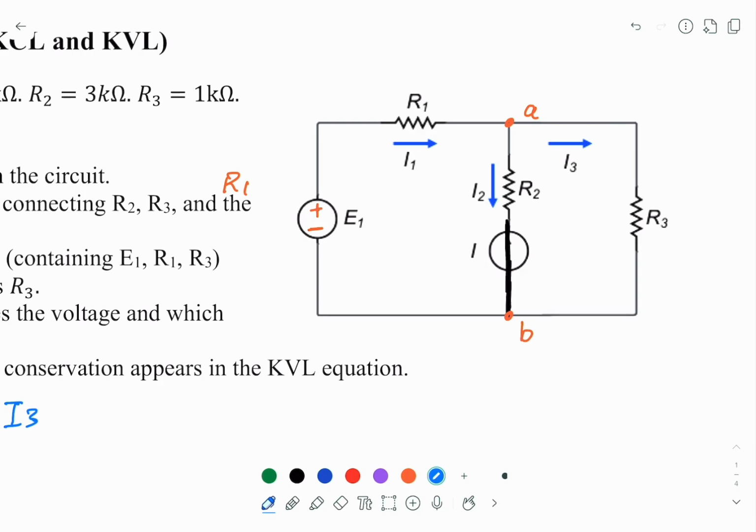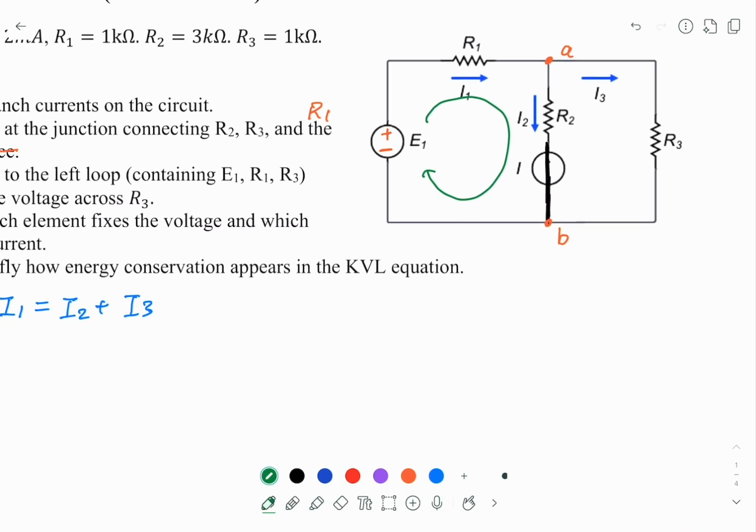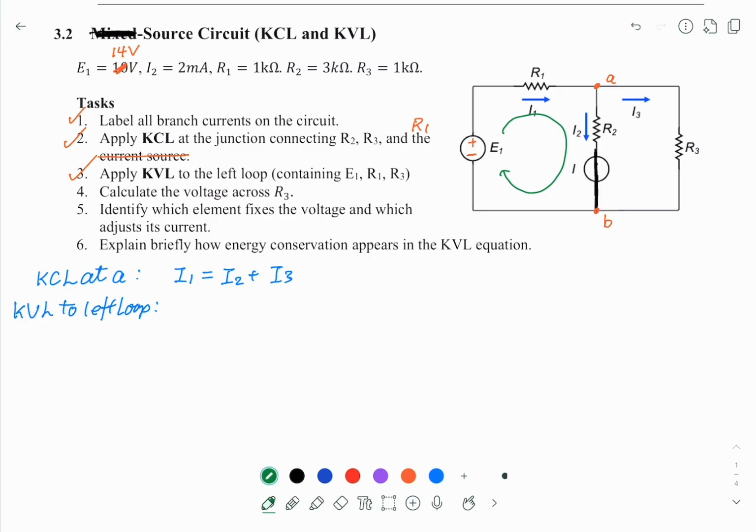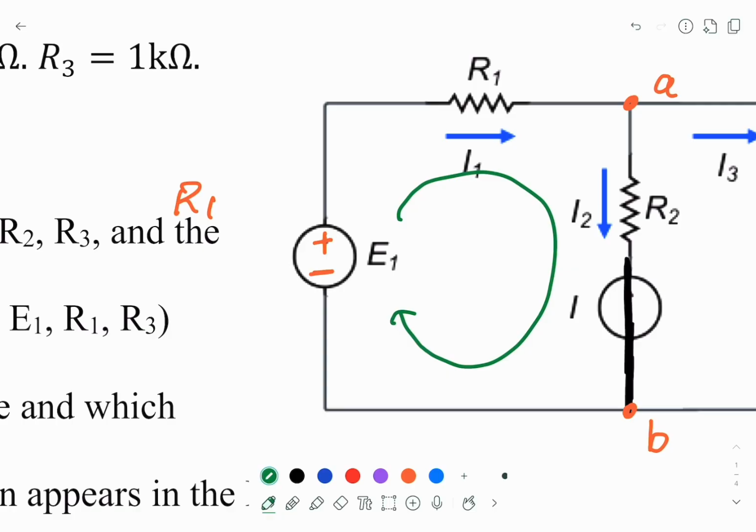So in this approach, we first select a loop. This loop can be clockwise or counterclockwise. In this case, I choose clockwise. But remember, it doesn't matter. If we choose counterclockwise, you will get the same answer. In this approach, we look at how the voltage rises and falls according to a specific set of rules.